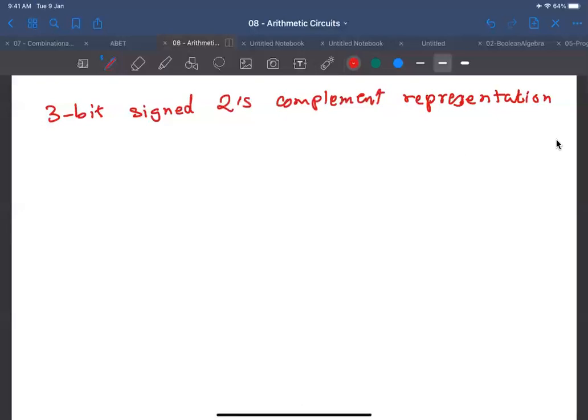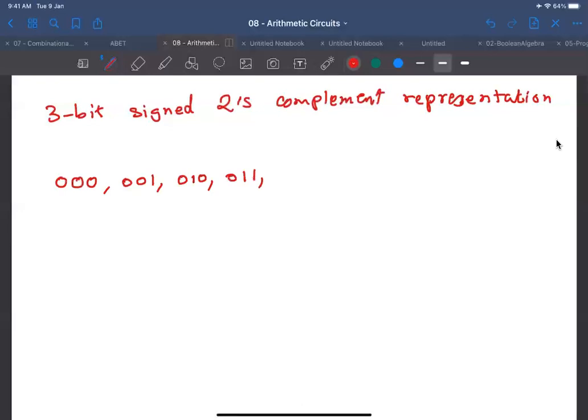So for 3-bit, we can count starting from 0, this is 0, and then this is followed by 1, plus 2, and then plus 3, and then that's it.